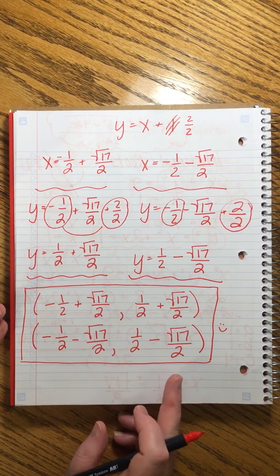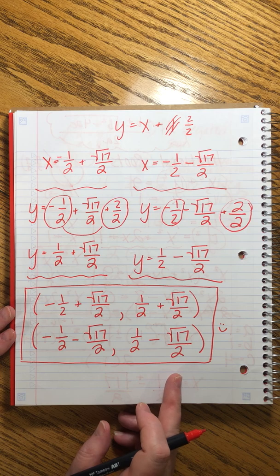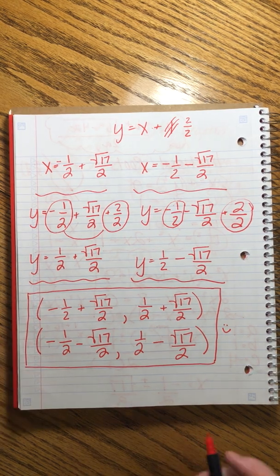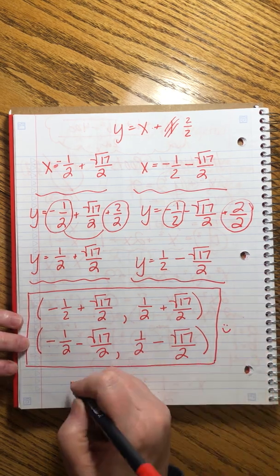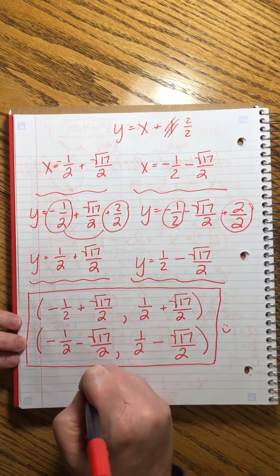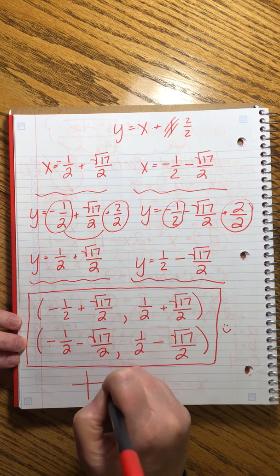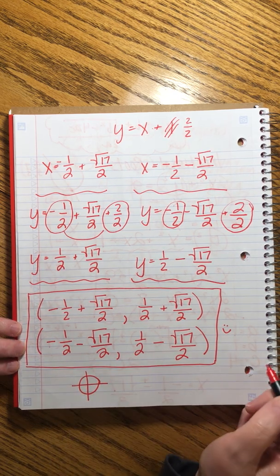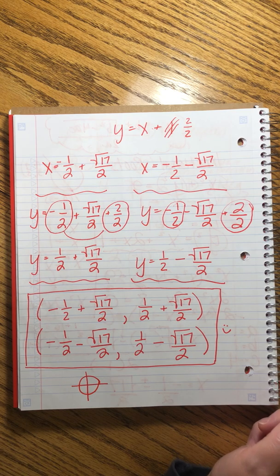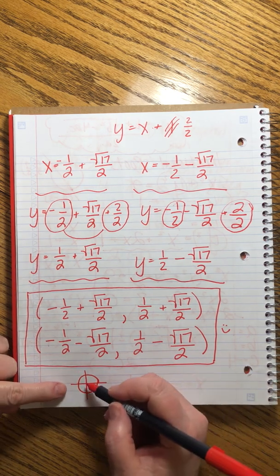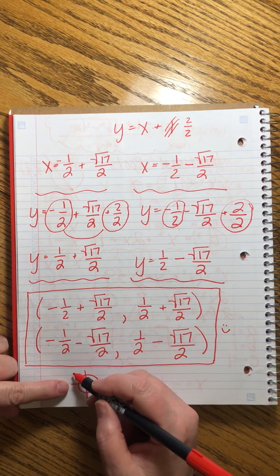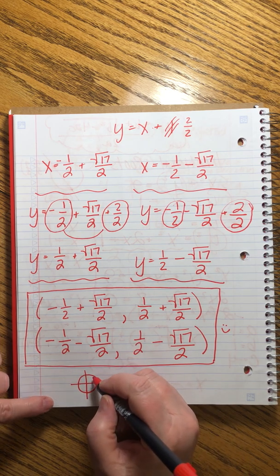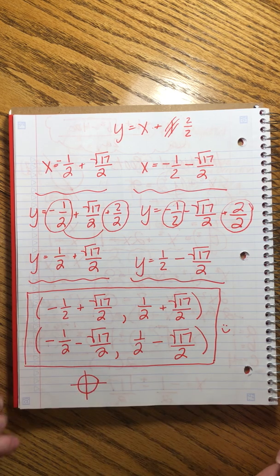And as horrible and terrifying as these points look, you can take comfort in remembering that we have a circle, right? And it's balanced in the middle. Mine isn't perfect.